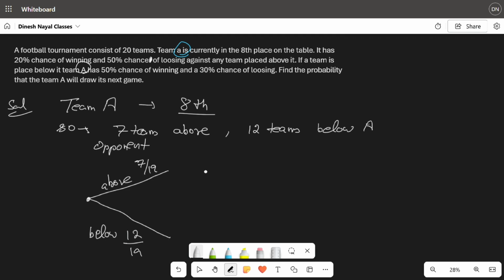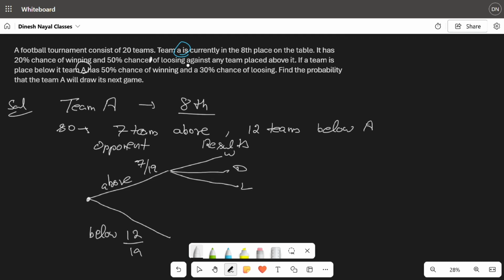Now, what are the chances? There are actually 3 chances. You can write over here, results. For this you can either win, draw, or lose.